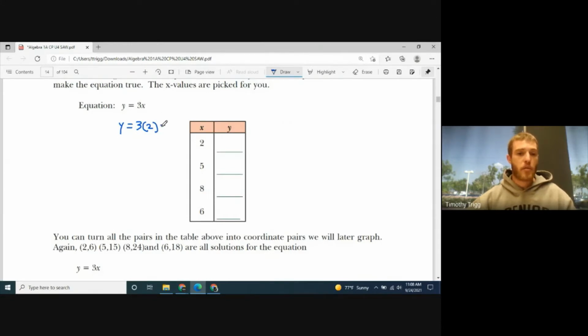So that'll give me 3 times 2, which is 6. So when x is 2, y has to be 6. What about the next one? y equals, and again, I'm using this equation, so it's 3 times x, so 3 times 5. And I want to figure out what that equals.